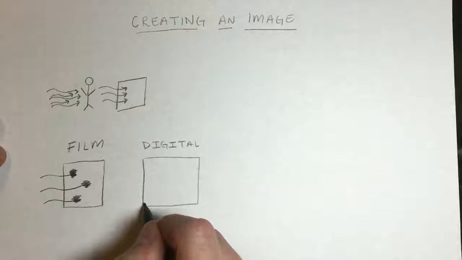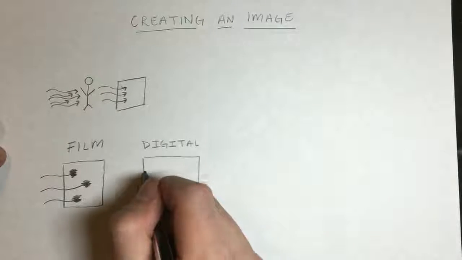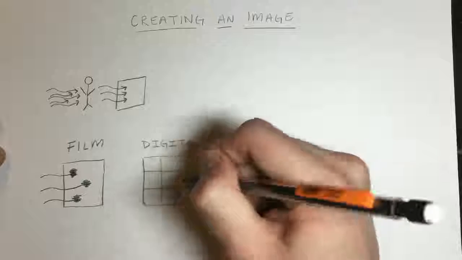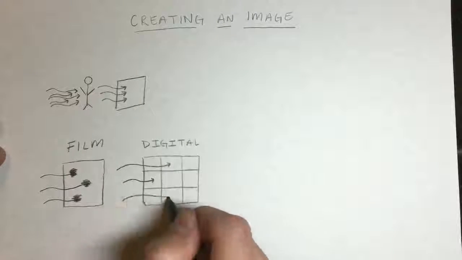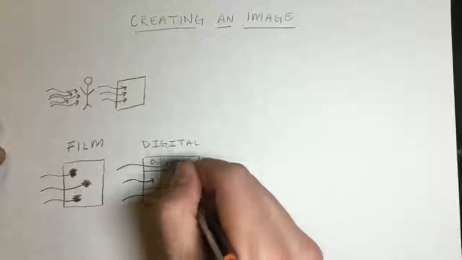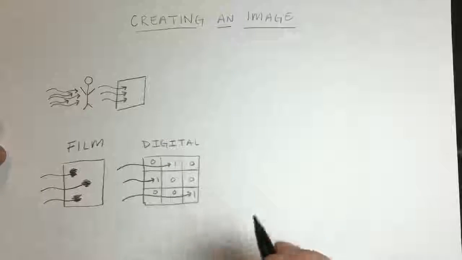pick up the X-ray. So if we look at the digital, you can see that the X-rays encounter individual pixels on their own, and based on the energy level of those X-rays will determine how dark the computer generates that image.